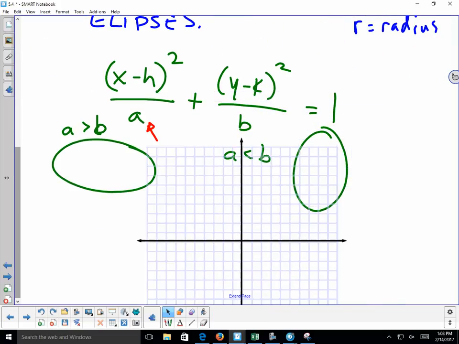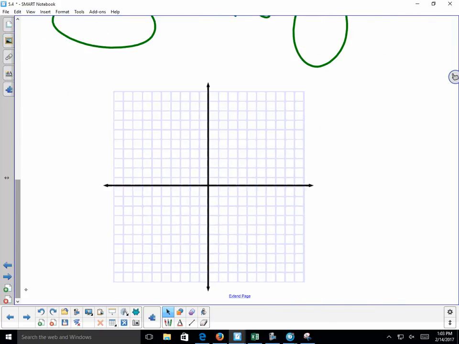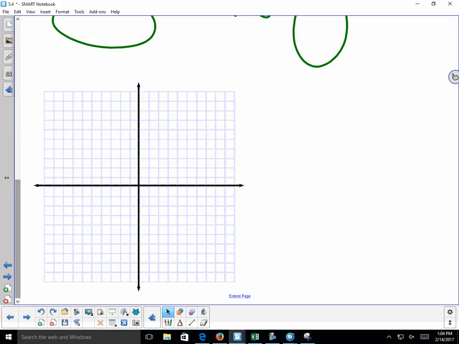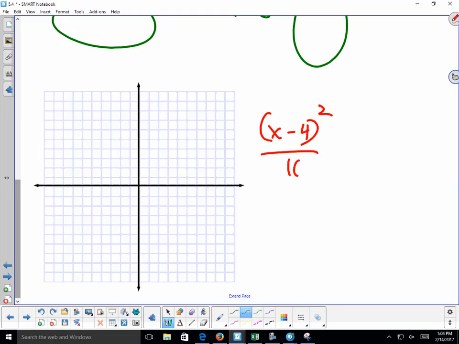so if I have this graphed, so I know that my equation, slide this over, my equation was x minus 4 quantity squared over 16 plus y squared over 4. Is this correct? Am I just remembering this correctly? Okay, so this means that my center of my ellipse is going to be at (4, 0).